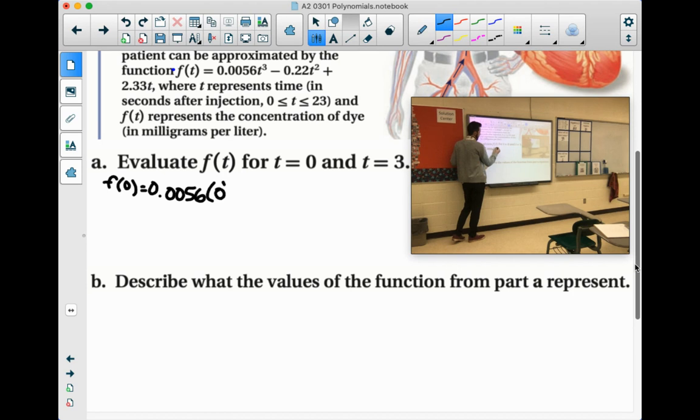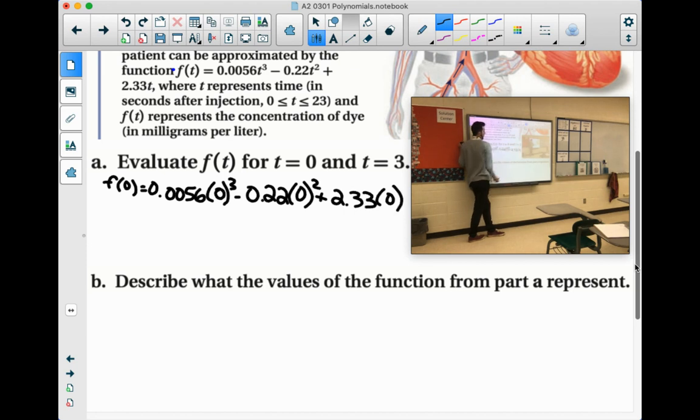So 0 seconds to the third minus 0.22 t squared plus 2.33 t. Now, this is delightful because what is 0 times anything? 0. So this first chunk comes out to 0, so does the second chunk, so does the third chunk. So f of 0 equals 0.